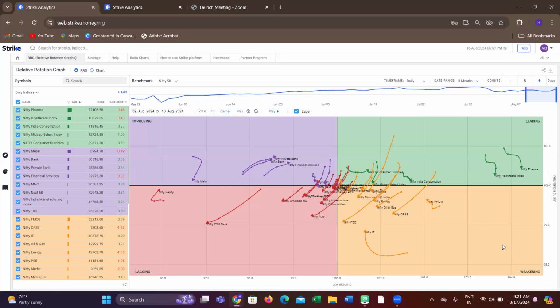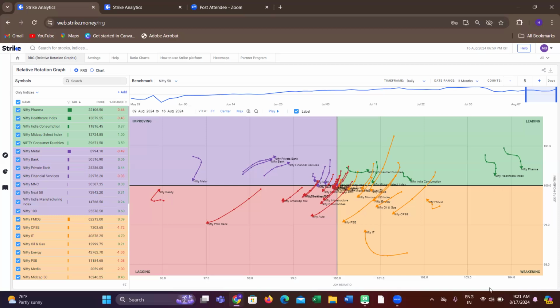So whenever you see any stock in weakening, it doesn't mean that they are weak. They are in the weakening quadrant because of the RS momentum. Their momentum has reduced, and it may turn around if there is any catalyst like earnings triggers or any change in product mix or any other fundamental changes, right?